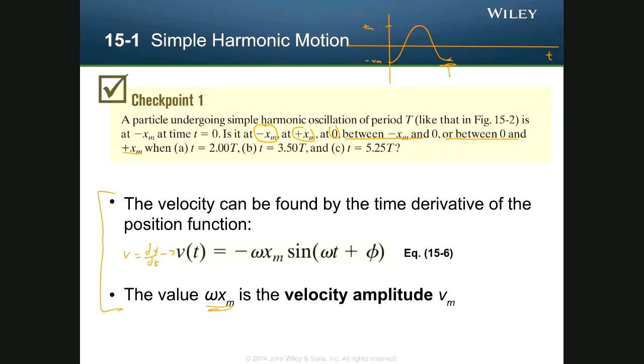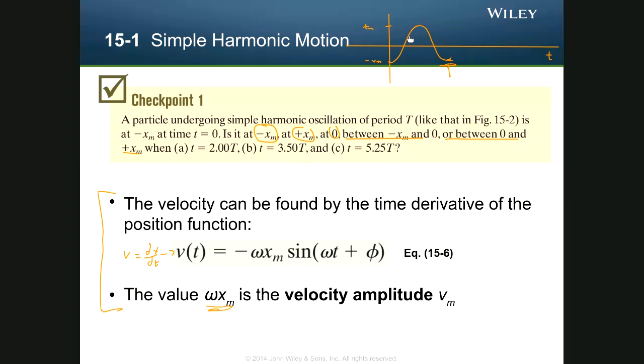So basically, where are you along here? Are you at minus x_m, 0, plus x_m, or in between? So let's take a look.